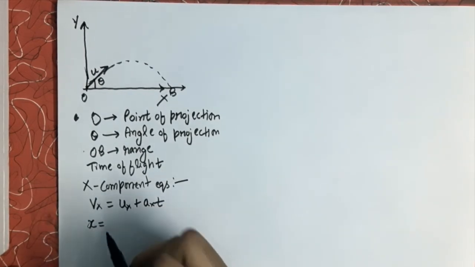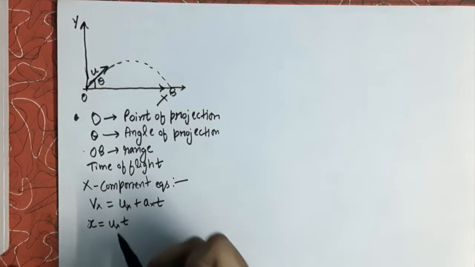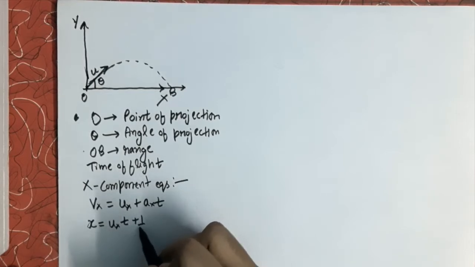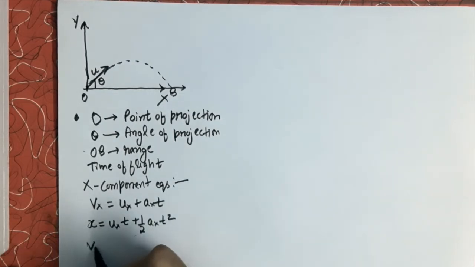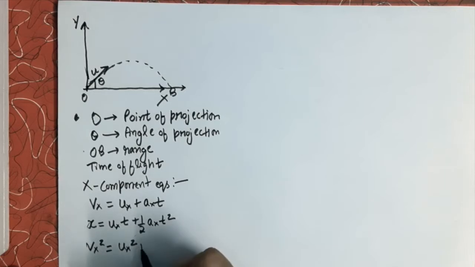X is equal to Ux into t plus half Ax into t square, and Vx square is equal to Ux square plus 2 Ax into x. These are the x component equations.